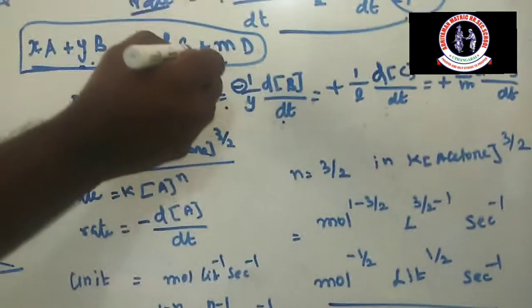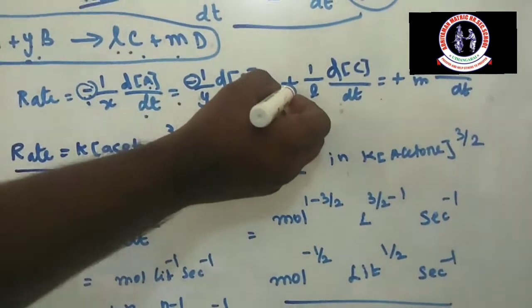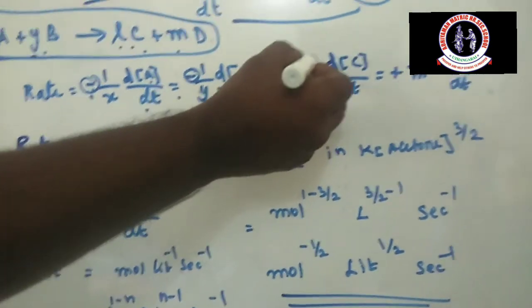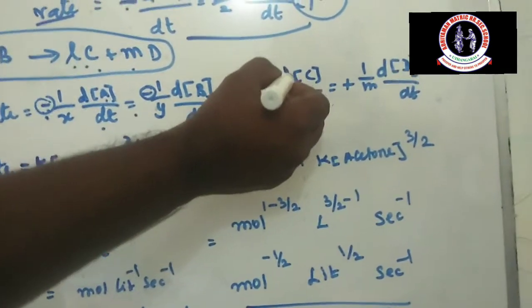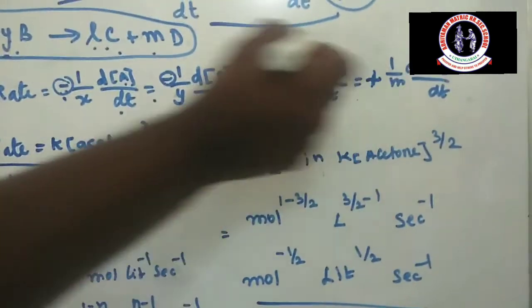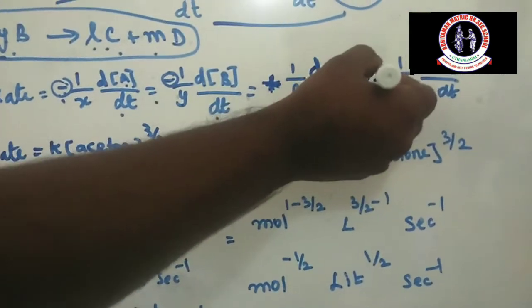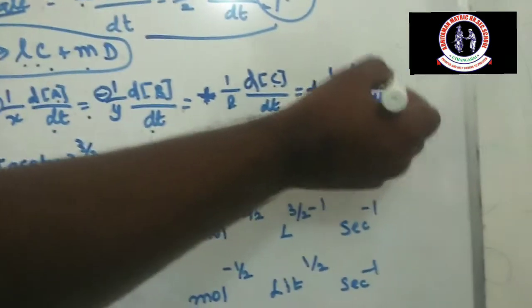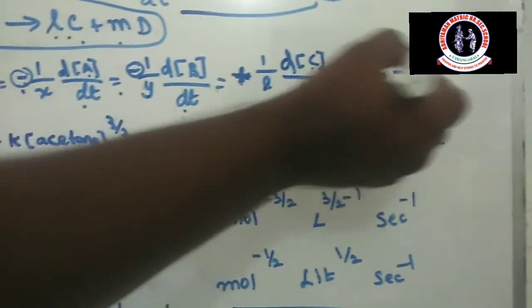On the product side the concentration increases, so positive sign: 1 by L d of C by dt equals positive 1 by M d of D by dt.